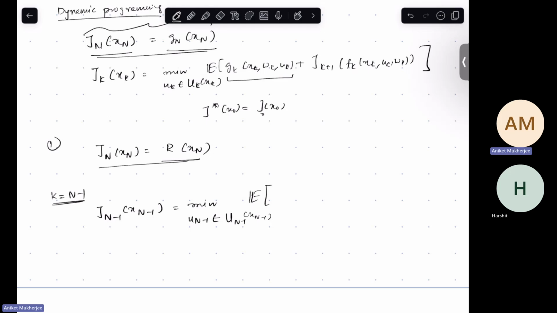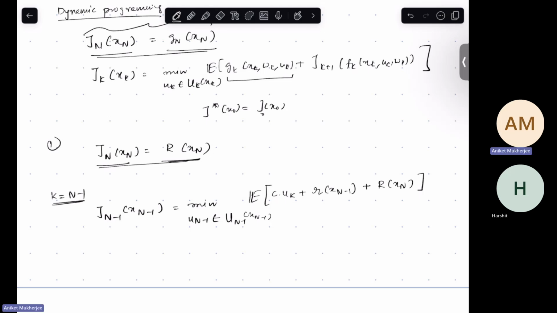At the kth stage, you are ordering u_k amount of inventory. So C into u_k plus you have x_{n-1}. You're in x_{n-1} state, so you will get a cost of R(x_{n-1}) plus J_N(x_N). But J_N(x_N) you know is R(x_N). So it's R(x_N), right?